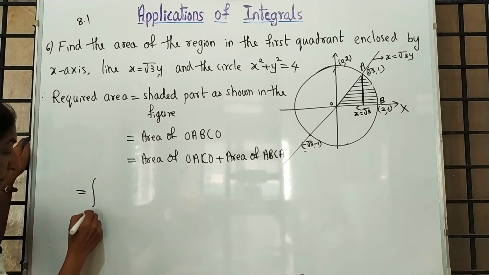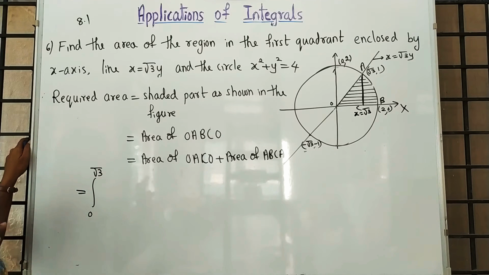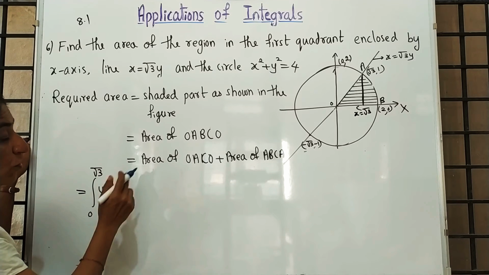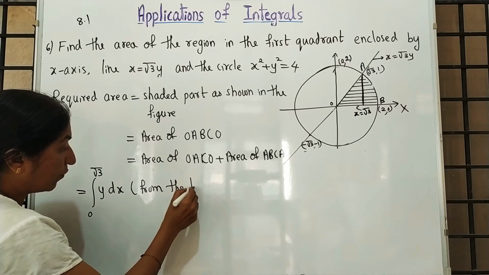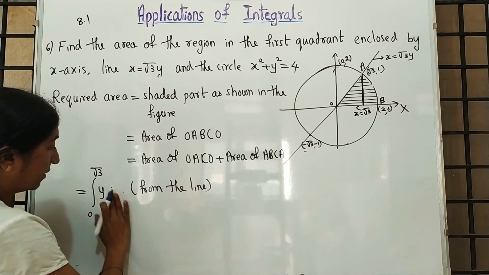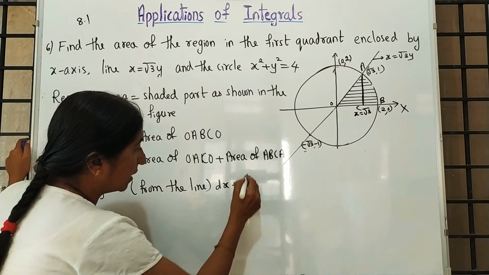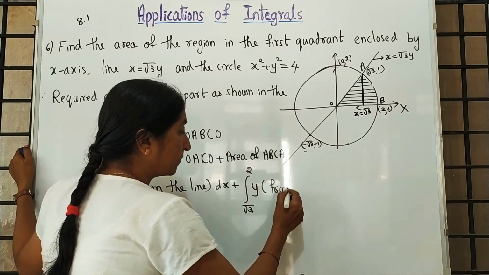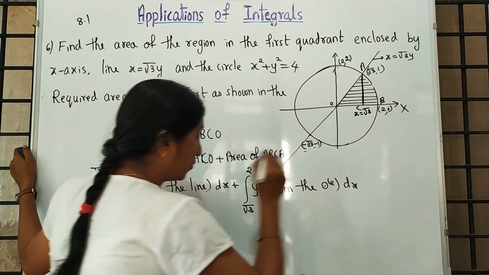Now, how do you write the limits? 0 to √3, in between the line and the x-axis, that's why y dx, with y from the line, plus √3 to 2, here also we write y dx, but y from the circle.